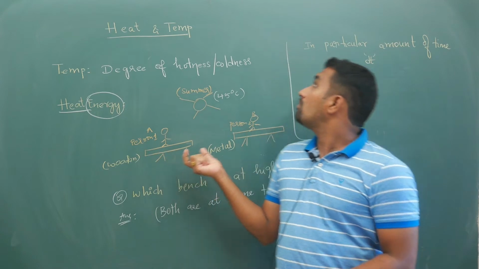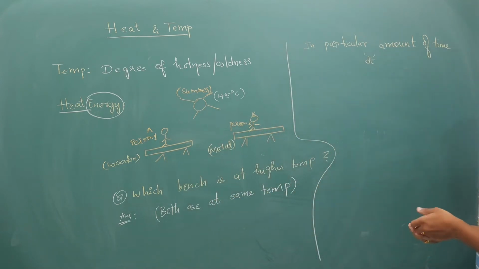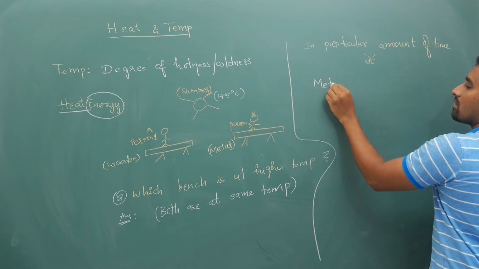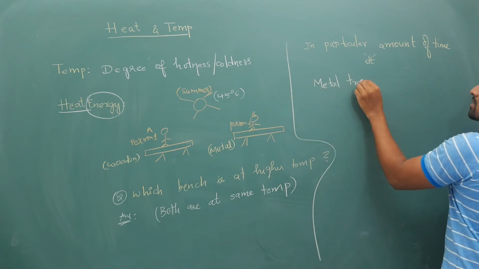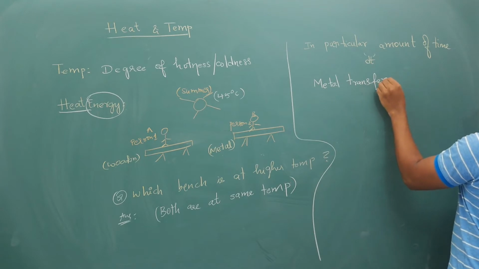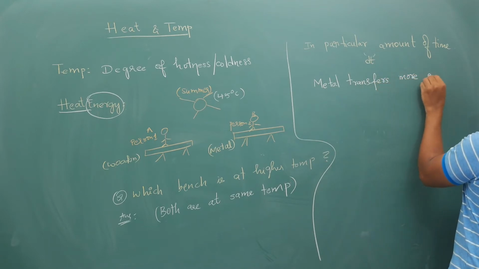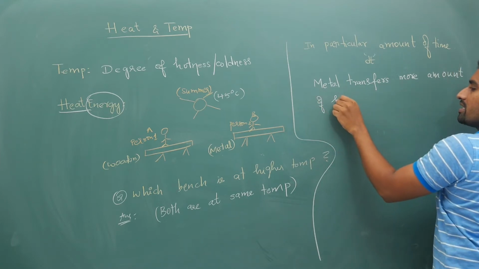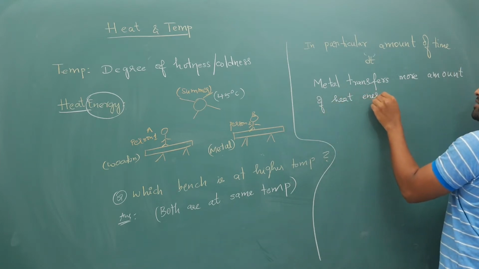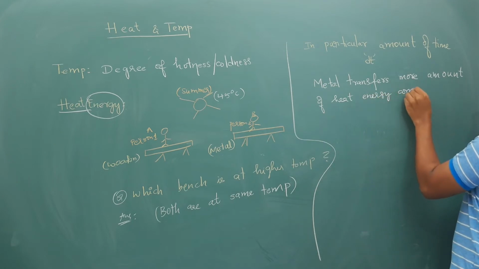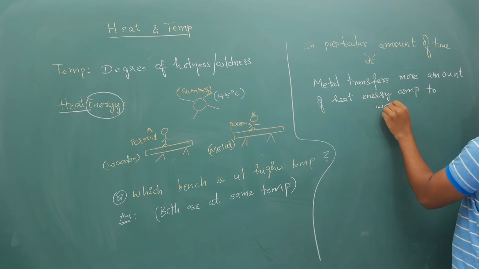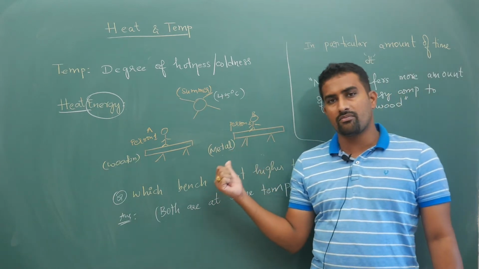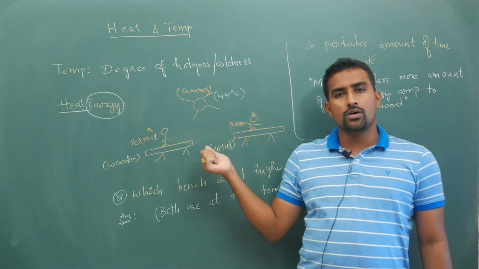Now in a particular amount of time dt, metal transfers more amount of heat energy compared to wood. Basically, conductivity of metal is more compared to wood.